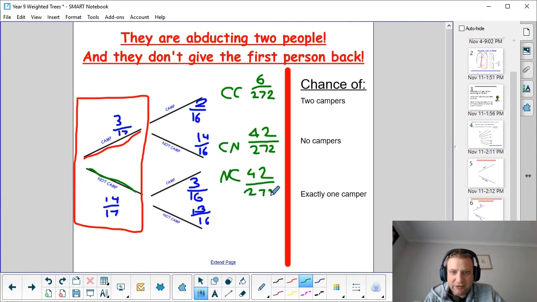Then we move on to the most likely outcome, which is to get someone who doesn't go to camp and someone else who doesn't, because that is almost everyone. So to go not and then not again, it's out of 272. And 14 times 13 is 182.